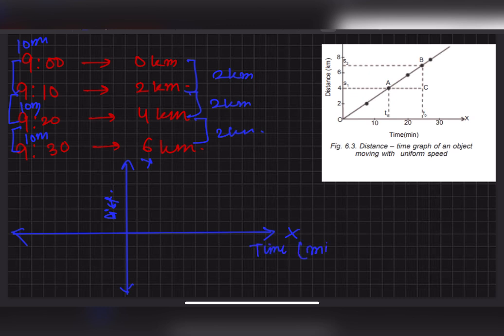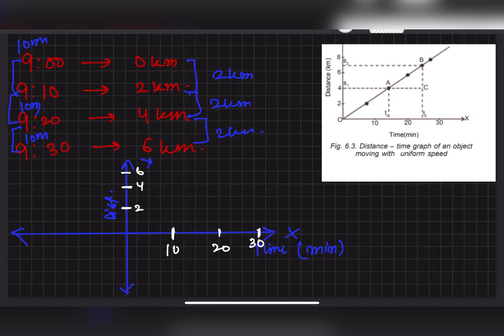Let me write time in minute. Let's say this is 10 minute, this is 20, this is 30. And for distance, this is 2, this is 4, this is 6.